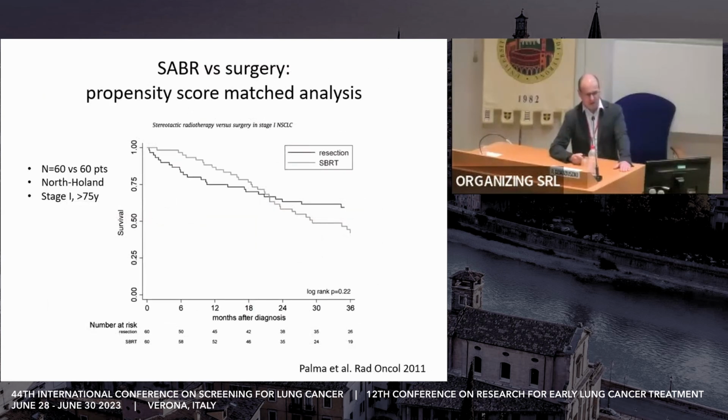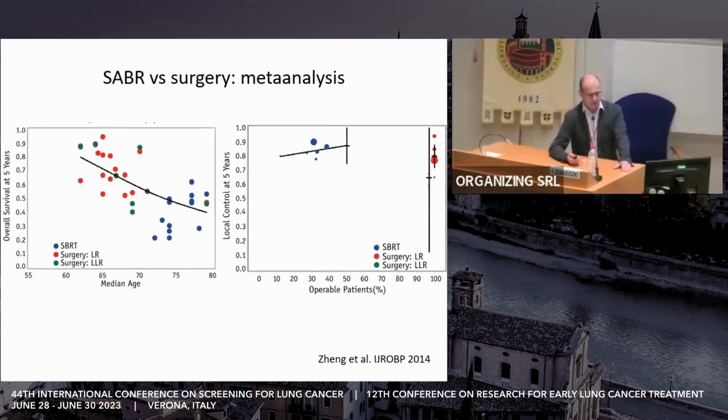Now, maybe 20 propensity score matched analyses are available in the literature, telling us sometimes that SBRT is slightly better, sometimes that surgery is slightly better. So with no randomized data, we cannot really tell. Something that's also very relevant is that SBRT is used in these series rather in older patients. And we know that in older patients, the outcomes may be less favorable, as simple as that.